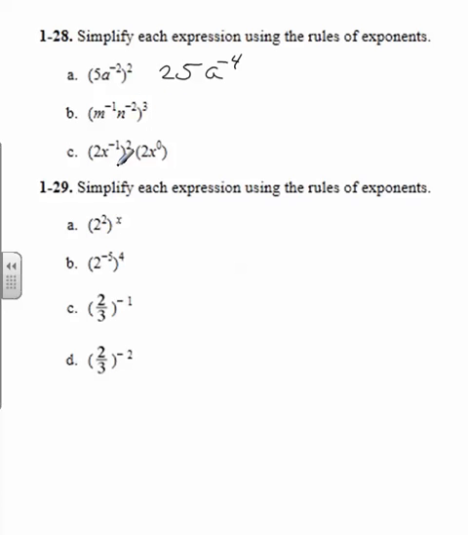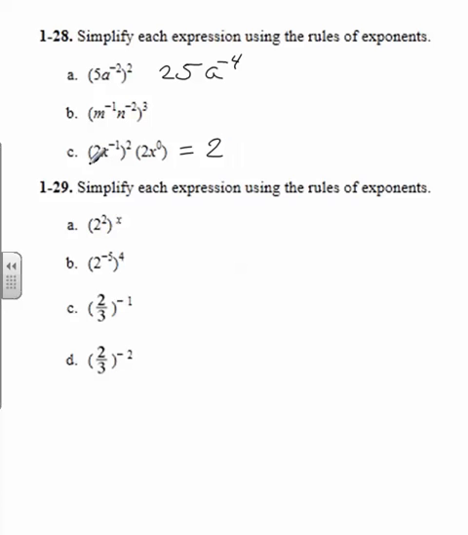Alright, this one. Let's look at this piece to start with. This is 2 times x to the 0 power. Is the 0 power affecting the 2 or just the x? Just the x. So this basically means 2 times 1. Anything to the power of 0 is 1. So this basically means 2. So in the end of all of this, we're going to multiply by 2. So I'm going to go ahead and put that out in front.